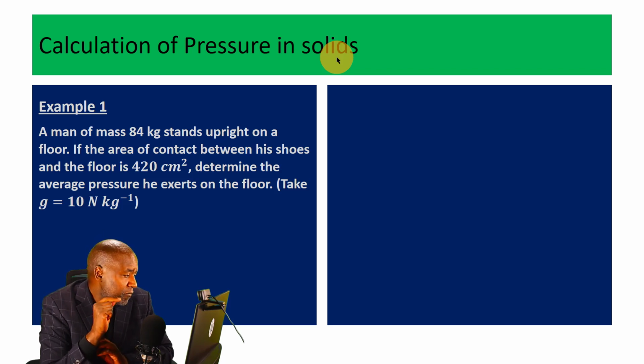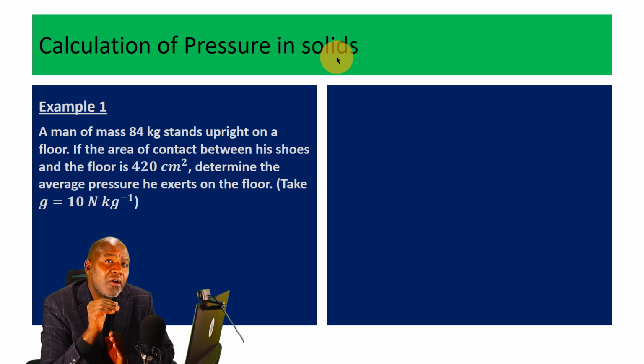So the amount of force that this man exerts vertically downwards on the floor is equal to his own weight. Then the area of contact will be the area of his shoes, because he makes contact between himself and the floor via his shoes.